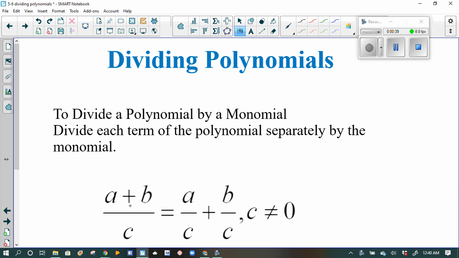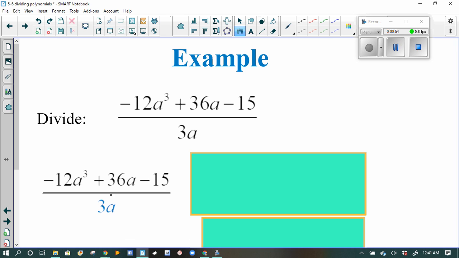So a plus b over c is equal to a over c plus b over c. You can separate these because c belongs to both of the numbers in the numerator. So this is why the rule works. If I can use that rule, I can separate these three pieces: negative 12a cubed, 36a, and negative 15.